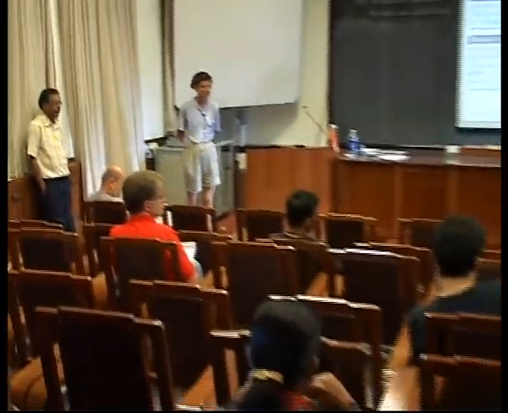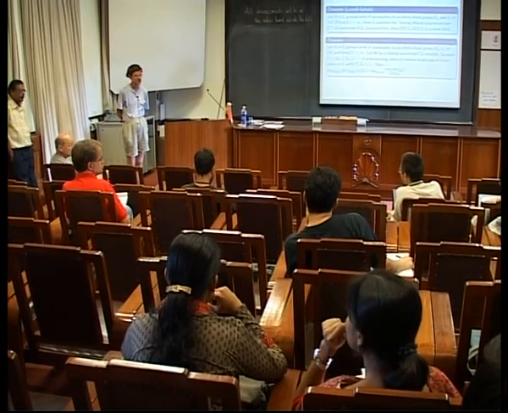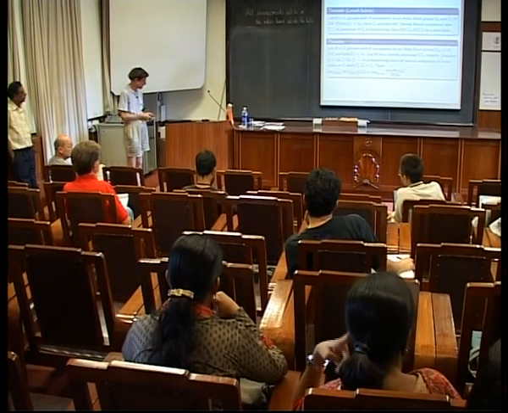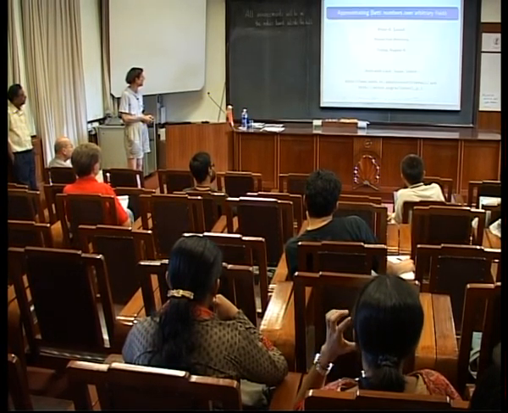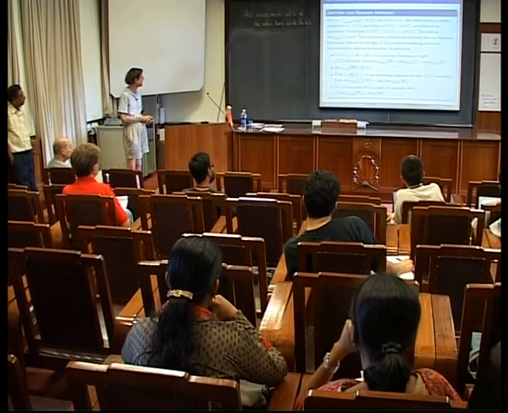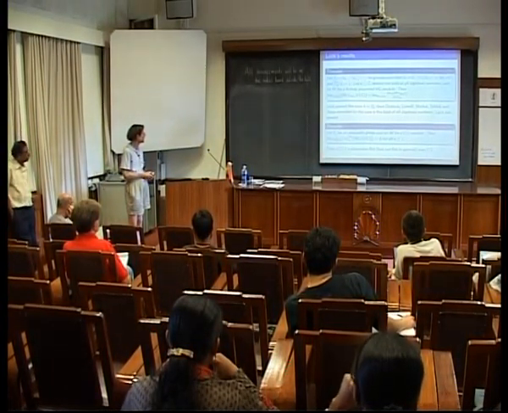I didn't quite understand. You said that Lück's theorem works for Q but not for C. What is exactly the statement for Q and for C? So let's see if we can go back. Here it is.